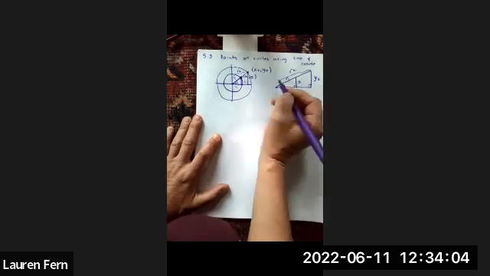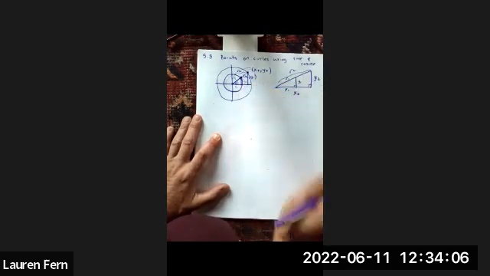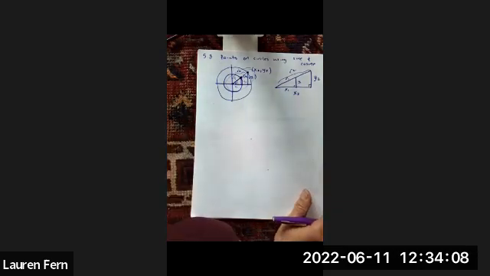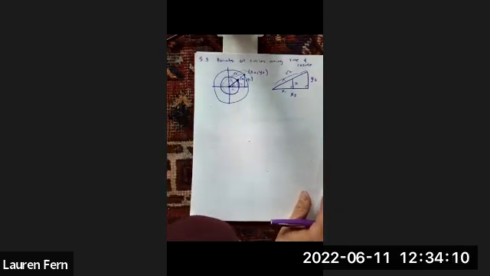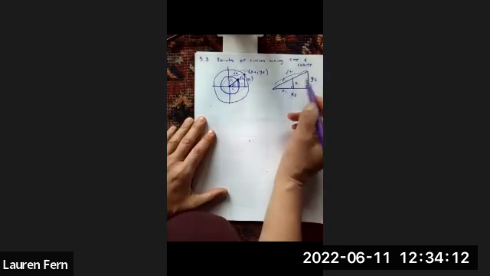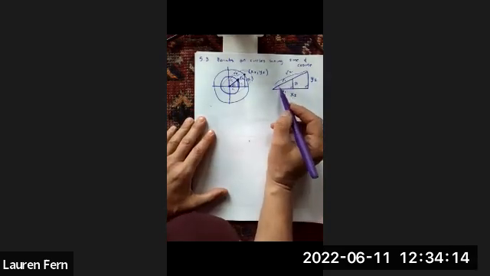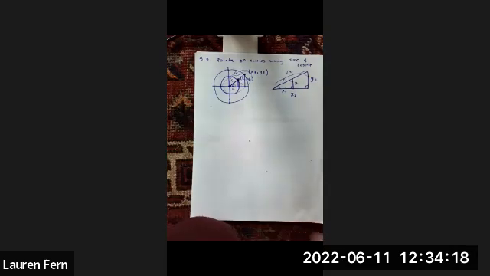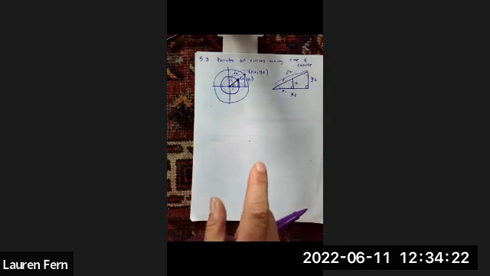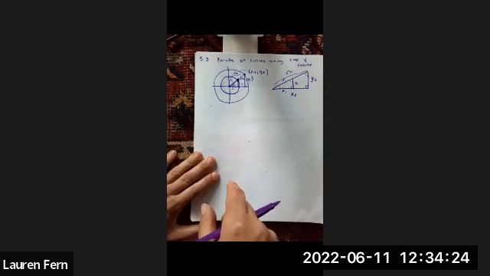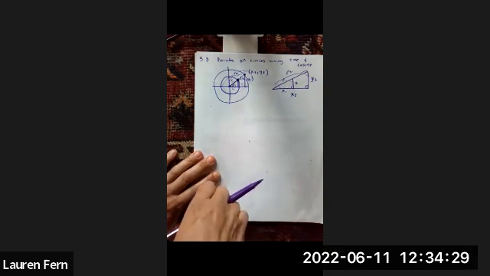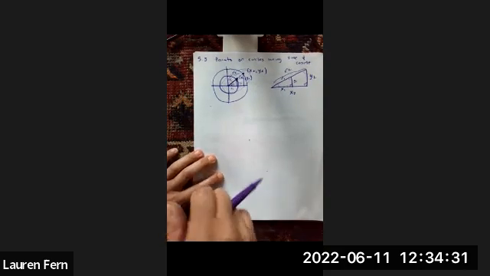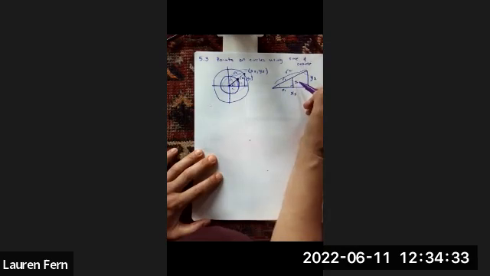Same angle theta. I'm just kind of enlarging this little portion right here. Well, these are similar triangles. In other words, they have the same angles here. This is the same, and therefore this angle and this angle are the same. We know that similar triangles have the same angles, and so their corresponding sides are proportional. In other words, the ratios are constant.